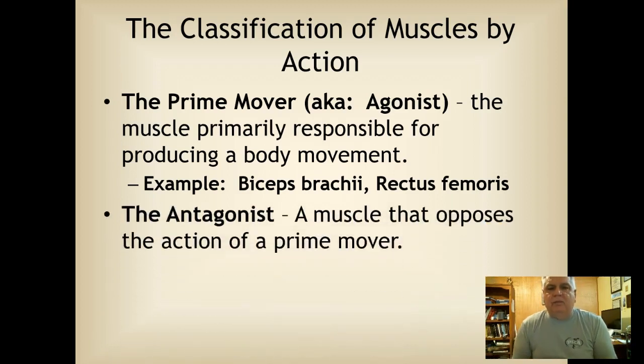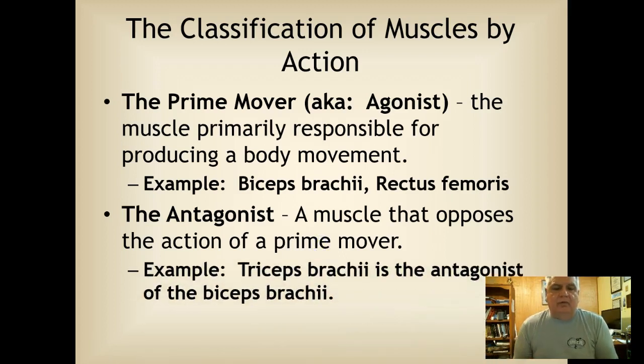The opposite of the prime mover or agonist is called the antagonist. That's a muscle that opposes the action of the prime mover. An example might be the triceps brachii, which is the antagonist of the biceps brachii. So think about it. What does the biceps brachii do? Whenever it contracts, it's primarily responsible for flexing the elbow joint.